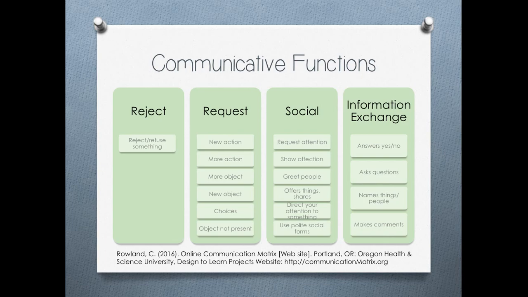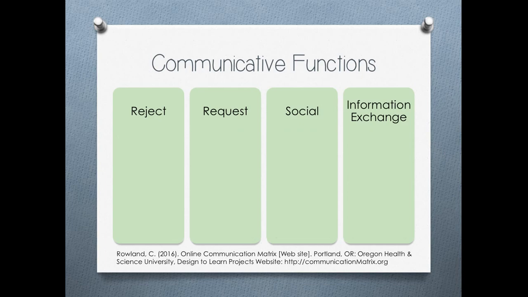But I just wanted you to see that there are 4 main categories that Charity Rowland uses for the communicative functions: the reject, request, social, and information exchange. And those are the ones that we're going to use to look at our videos today to make it simple. So there you can see there's just the 4 main functions.